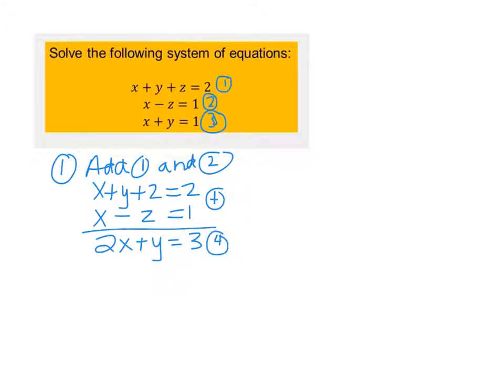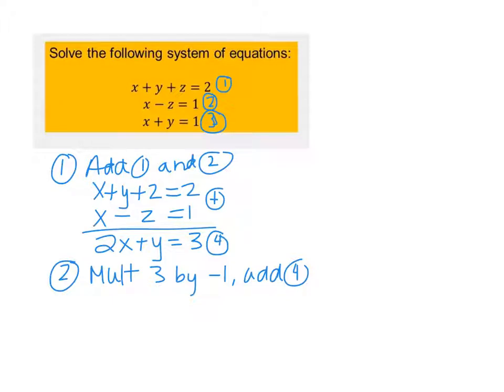Now what I'm going to do, if I look at my equation number 3, is if I multiply that one by a negative 1, I can add that right to my equation number 4. So that's going to be my second step. So I'm going to multiply equation 3 by negative 1, and I'm going to add it to 4.